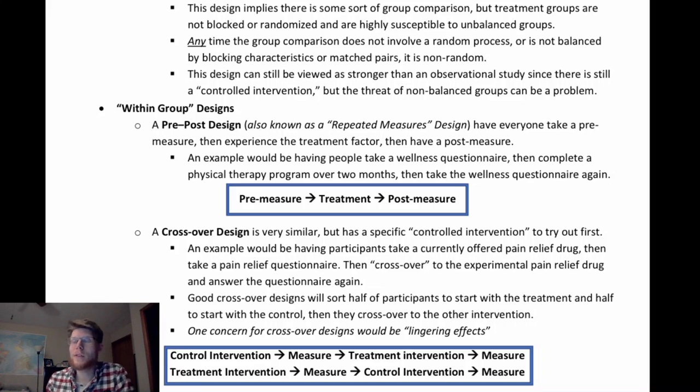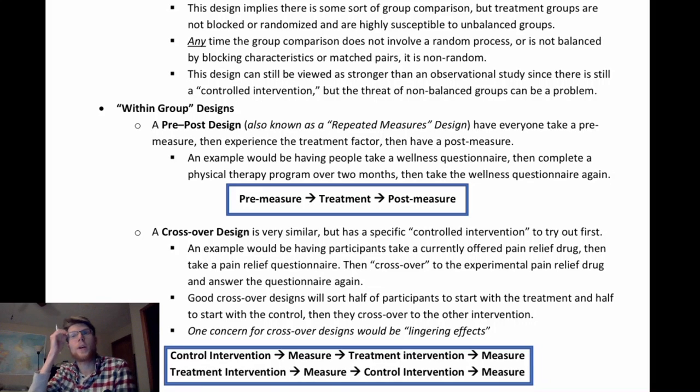So there can be some situations where this is nice. I mean, honestly, we collect data like this all the time if you think about it. For example, if I had a survey on the first day and then I gave that same survey again on the last day, I'm giving a pre-post design here where I'm looking for differences as a result of being in the class this semester. You see that a lot in doctor's offices.